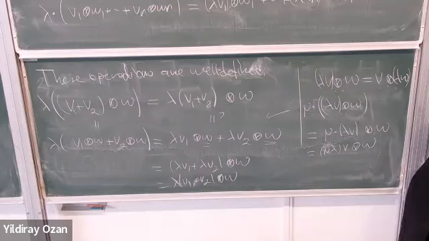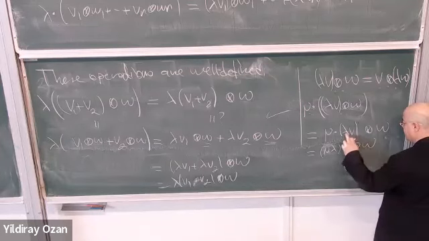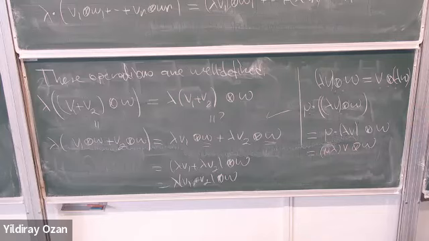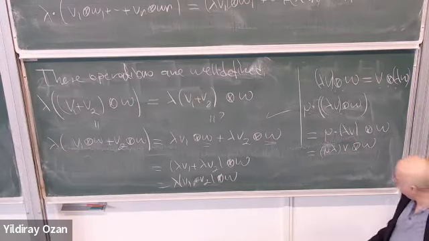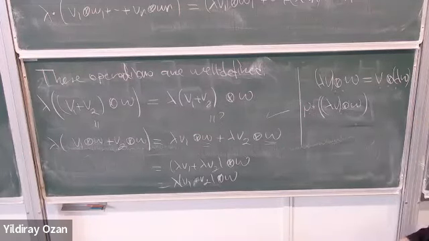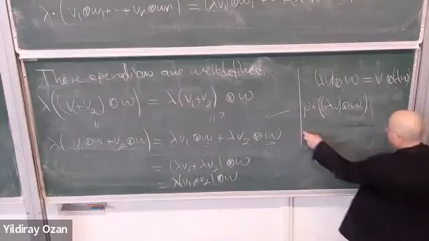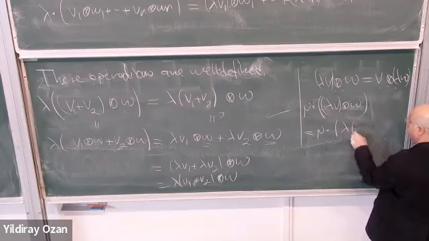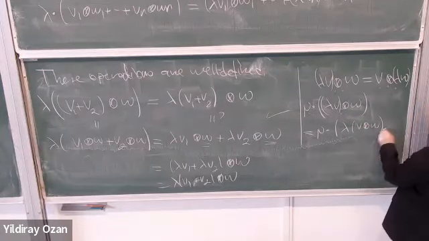Because I can just take this element outside. This is mu times. What is this? This is just lambda times b tensor w.